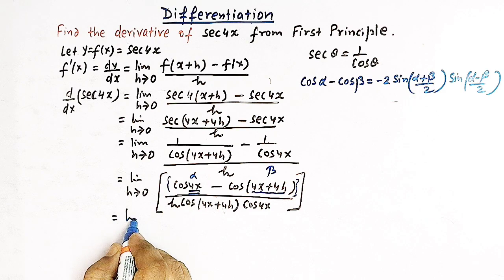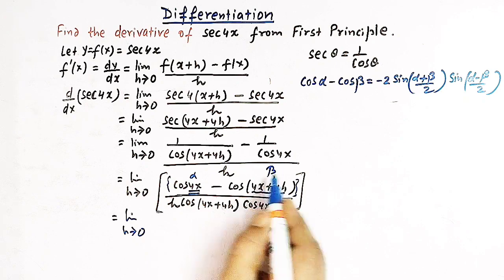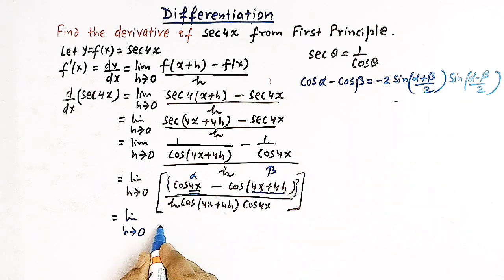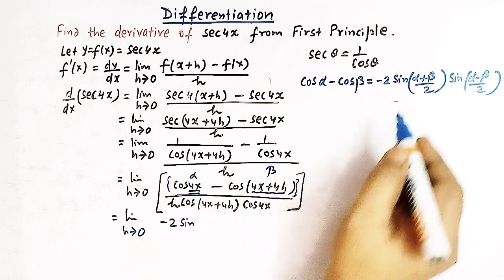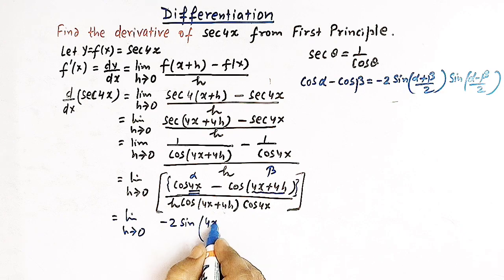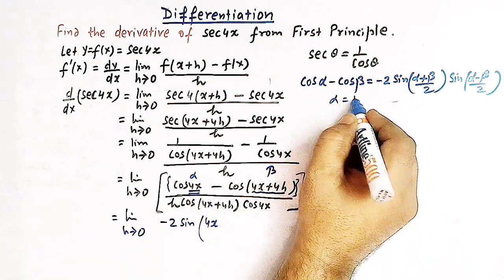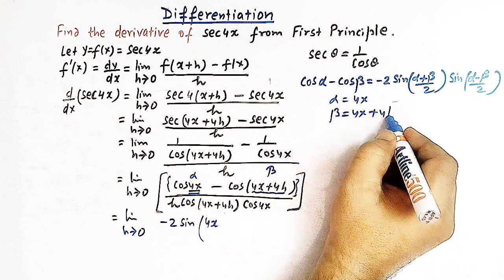So now we can write limit h tends to 0. We have cos alpha minus cos beta, that is equal to minus 2 sine, and then we have alpha plus beta over 2. So alpha can be taken as 4x, beta is 4x plus 4h.